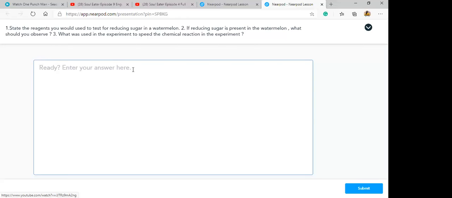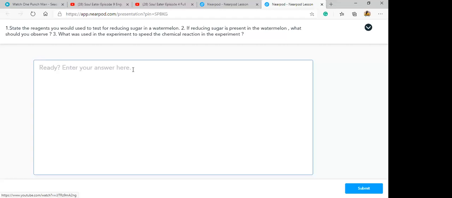The reagents would be the Benedict solution only, or the whole? The Benedict solution and what else was used? Just the Benedict solution. Okay, so what else was used?